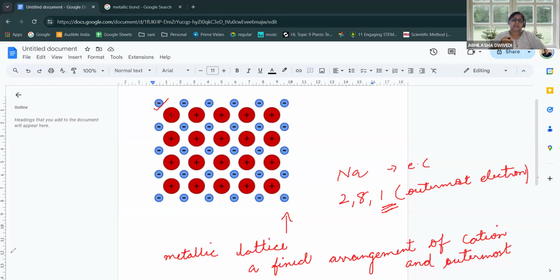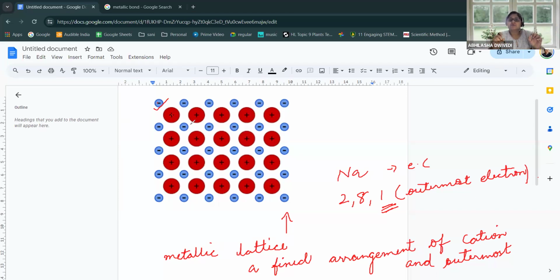Now the next thing is how does that help? This is between only one type of metal, not different types of metals. What does it mean? The picture you are looking at is just about the sodium atom and its outermost electron, just one type of electron and one type of cation, because they are moving in the lattice constantly.